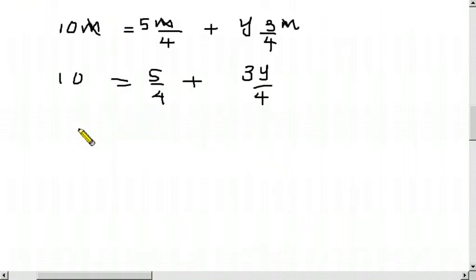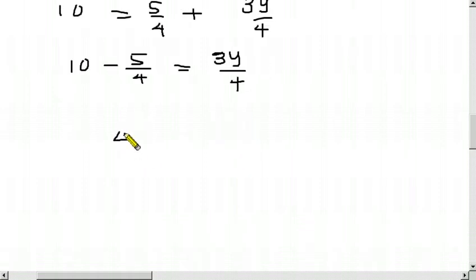Then we take this one to the left, then minus 5 divided by 4 equals 3y divided by 4. Then take 4 as the common denominator, then 1 times 4, 4, then 4 times 10, 40, minus 1 times 5, 5.